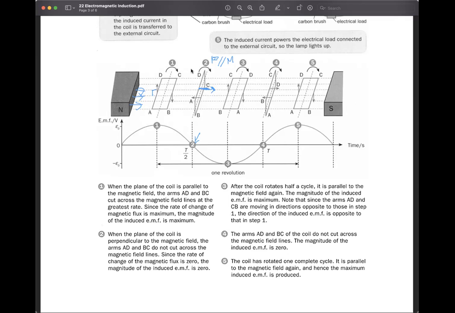For easy sake, it's O level. We just talk about the three components, the magnetic field, the current, and the force, which are all perpendicular to each other. Okay, so that is what you need to know in O level.